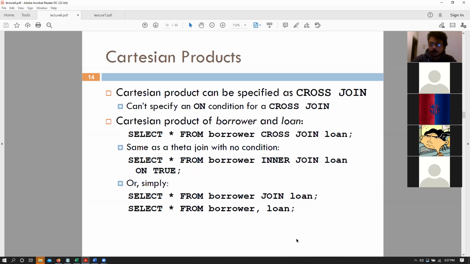In that situation, it won't do anything special; it is basically always going to do that. So on true basically means that I don't have any condition whatsoever. I say that it's an inner join, but since it's an on true, it becomes a cross product or a Cartesian product. Okay, that makes sense then.